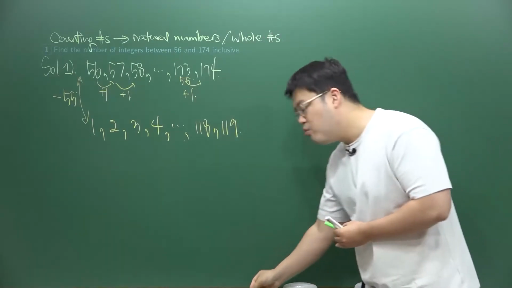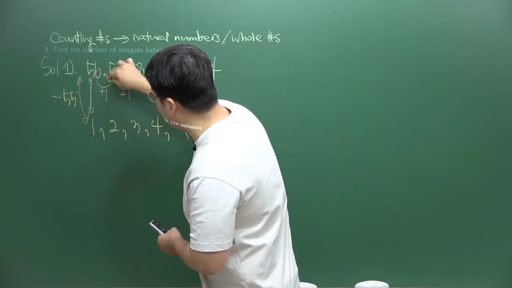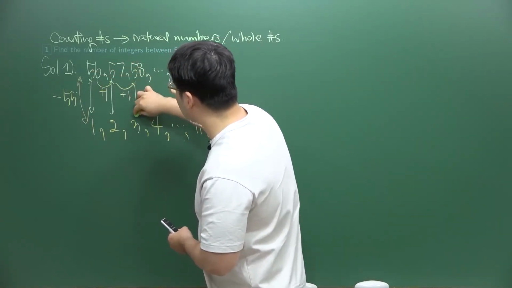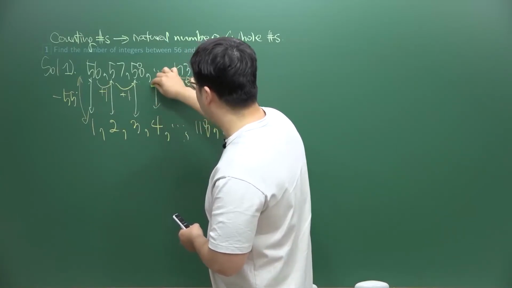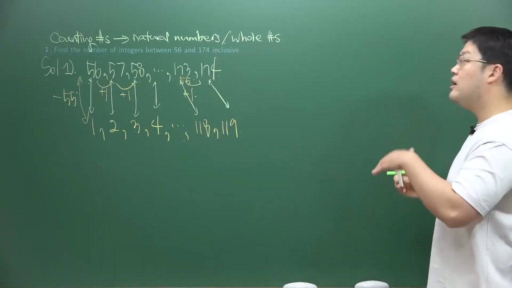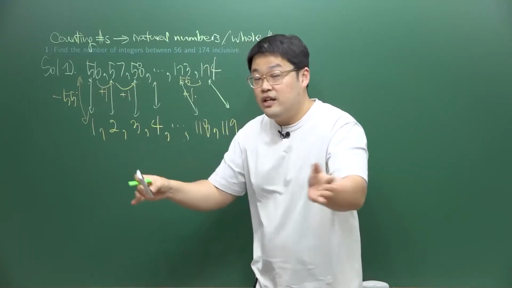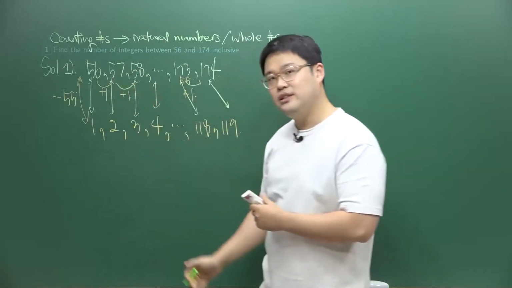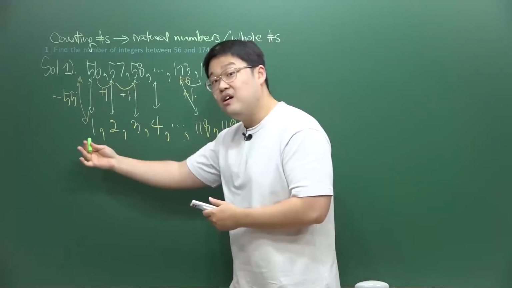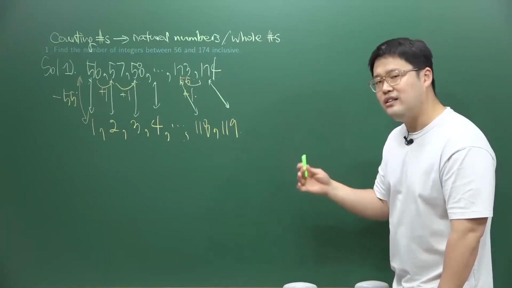We have exactly one-to-one correspondence between the first number and first number, second number and second number, the third number and third number, and so on, all the way down. So in order to find the number of integers on the top list, we can use the number of integers in the bottom list. So we have 119 numbers in total.